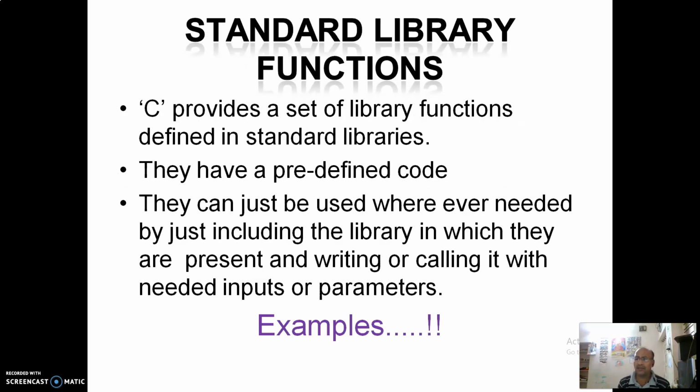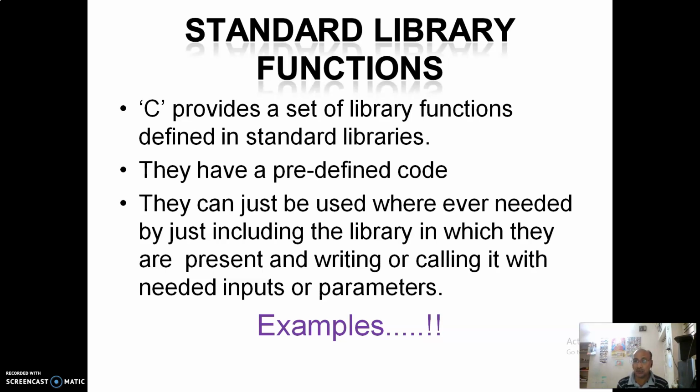The standard library functions. Previously I discussed that there are two types of functions, the standard library functions and the user-defined functions. C provides a set of library functions defined in standard libraries. They have predefined code.